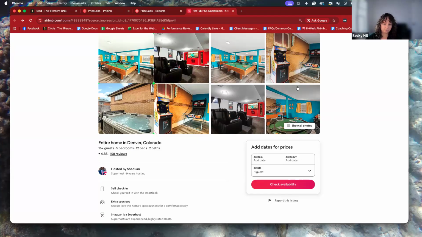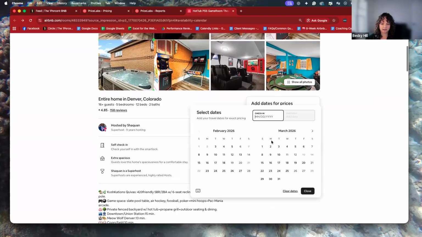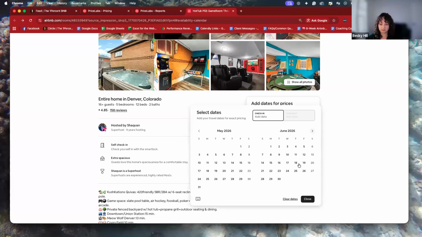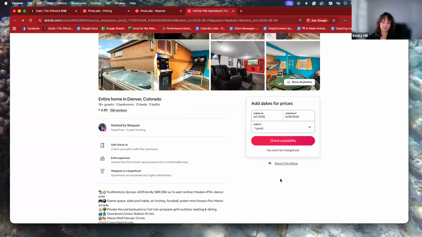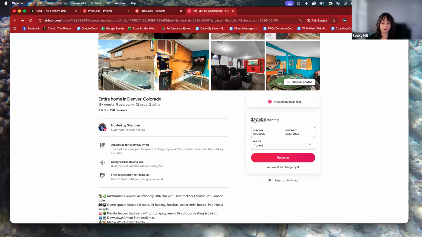And these platforms, Price Labs, Airbnb, do not know how to compute that information because all they're seeing is, okay, this person booked this property, it's blocked the entire month, so they must have got it for $17,000. That's what they're estimating. They don't know that there might have been a massive discount. There might have been negotiation on the back end, because a lot of the time that's what happens for longer stays.